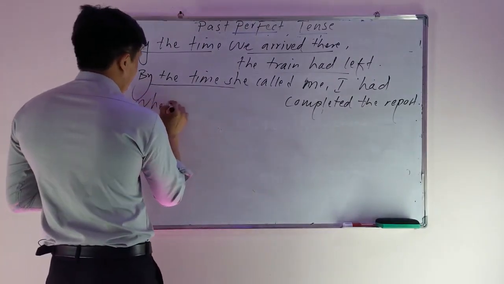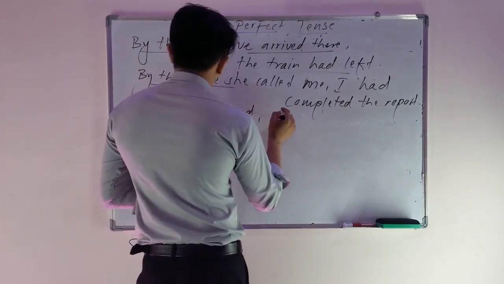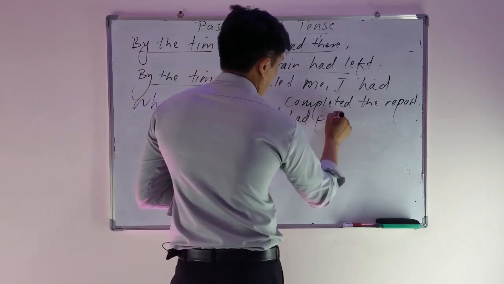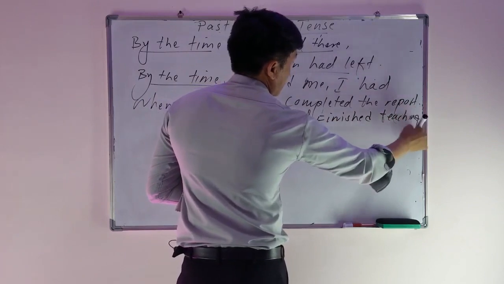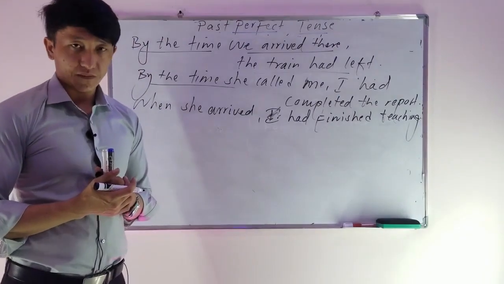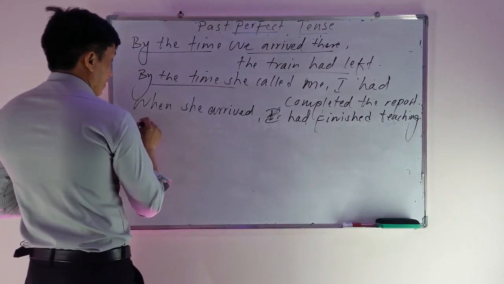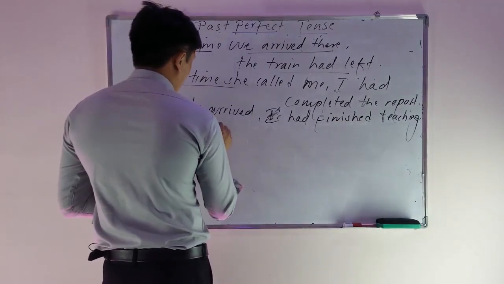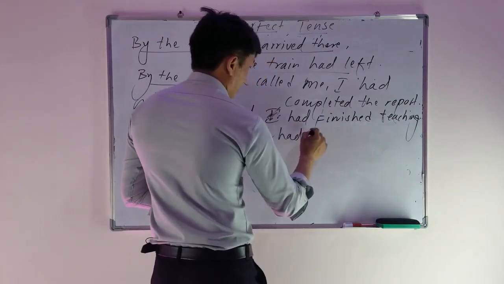For example, when she arrived, I had finished teaching. You can also say when she arrived, I finished teaching. It doesn't matter, both of them can happen. But we can also say, for example, before you came, I had repaired everything.